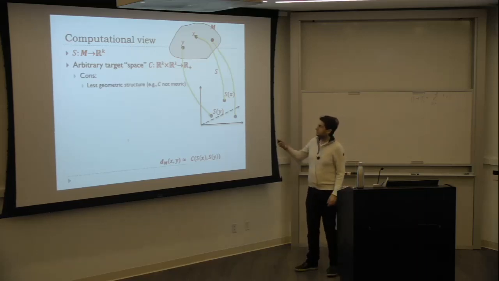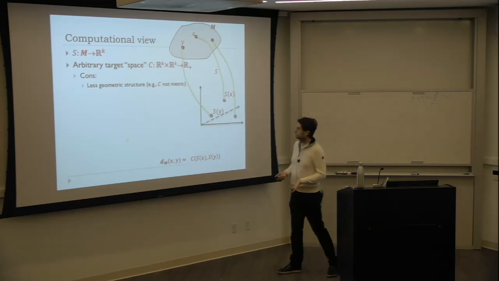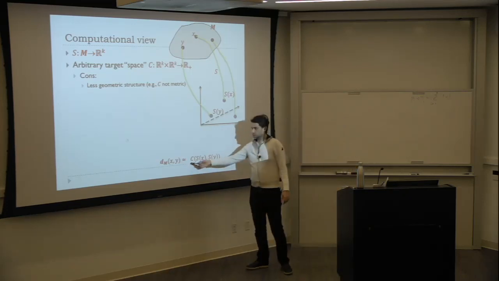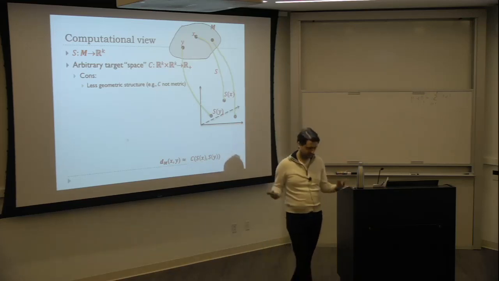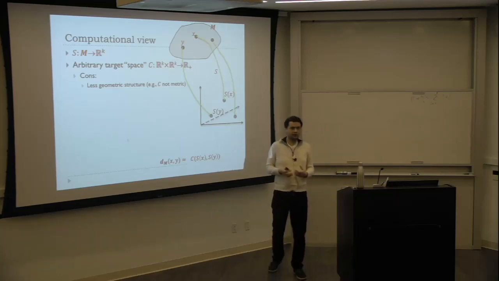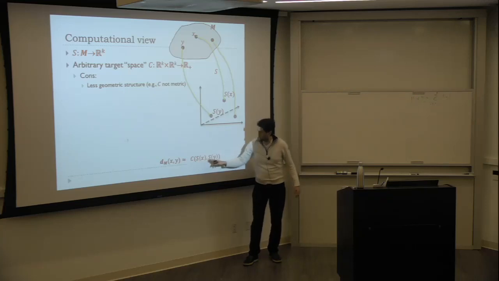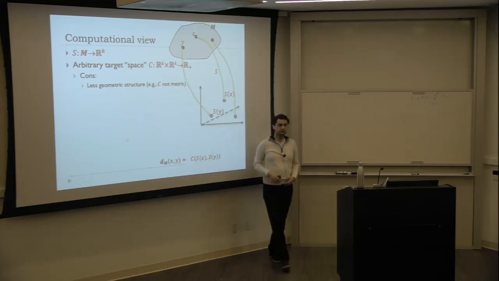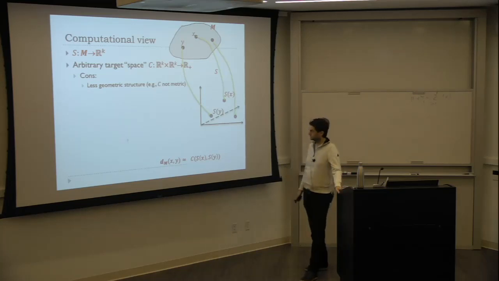Now, what are the disadvantages of considering this more general definition? Well, one is that once it's some computational procedure that takes two k-dimensional vectors and does some computation, it might not give a metric. So this C defined on R^k might not satisfy the triangle inequality and other metric properties, for example.